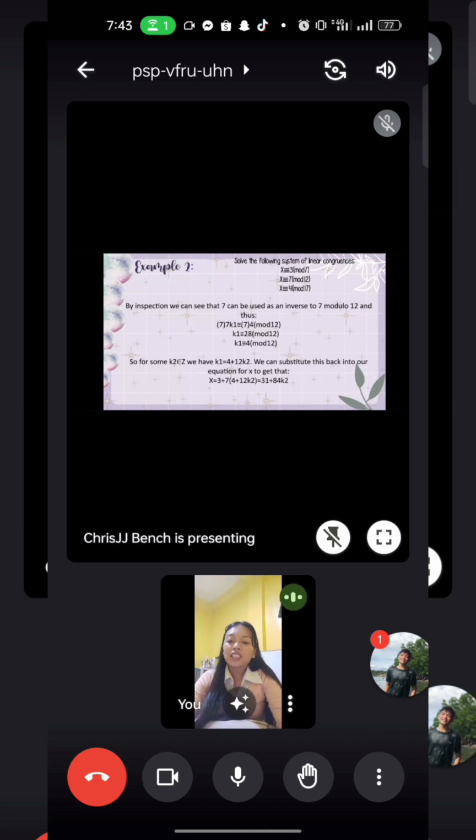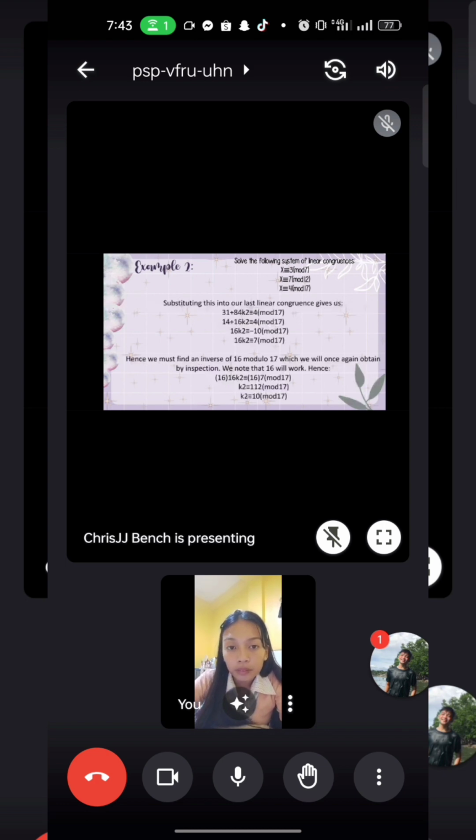We can substitute this back into our equation for x to get that x is equal to 3 plus 7 times 4 plus 12k2, which is equal to 31 plus 84k2. And substituting this into our last linear congruence gives us 31 plus 84k2 is congruent to 4 mod 17.